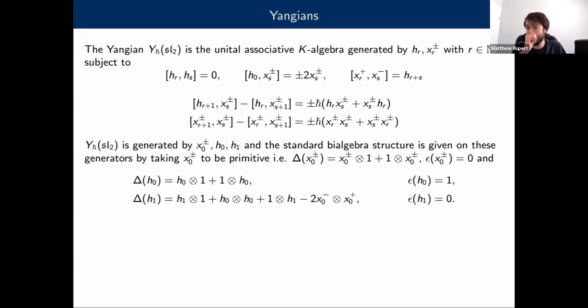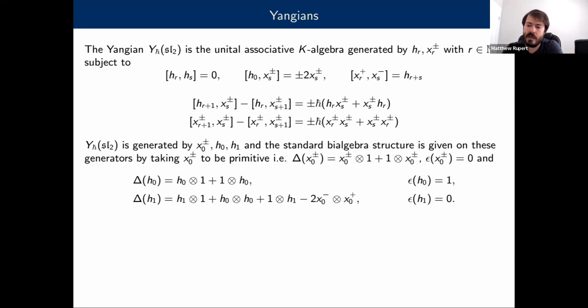You can show that the Yangian is generated by X_0 plus, X_0 minus, H_0, and H_1. The standard bialgebra structure on the Yangian is given by taking X_0 plus minus to be primitive. So Delta X is X tensor 1 plus 1 tensor X, and the counit evaluates to 0.